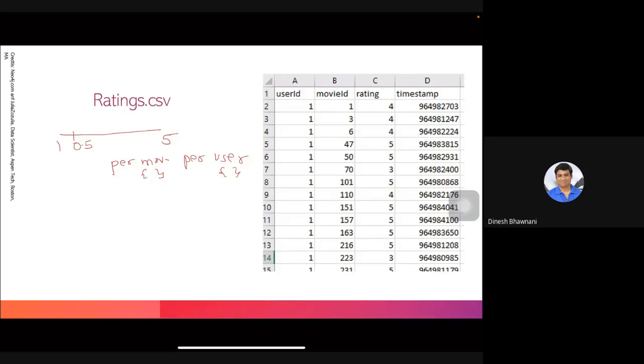The user is represented by ID. Why? Because of GDPR. You start giving everybody's name behind all their behavior, then the world will come to a stop. So there is going to be only an ID, thanks to GDPR, privacy laws. And that too, the user ID is also anonymized. So even if you have this user ID from somewhere on the movie database, TMDB or MovieLens, you still cannot figure out anything to do with the person.